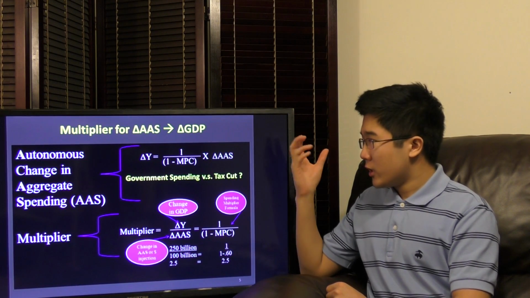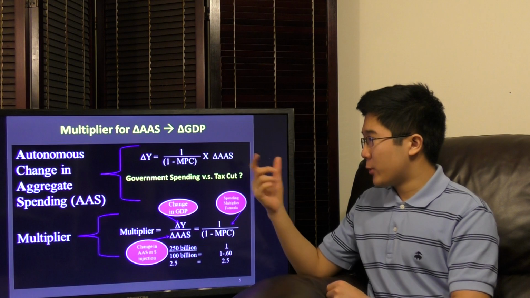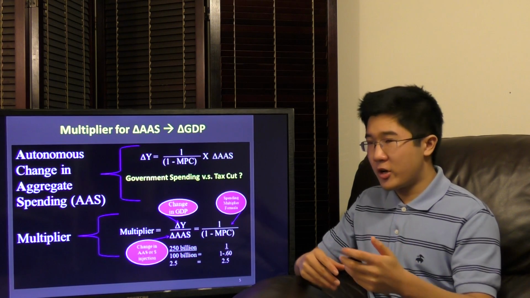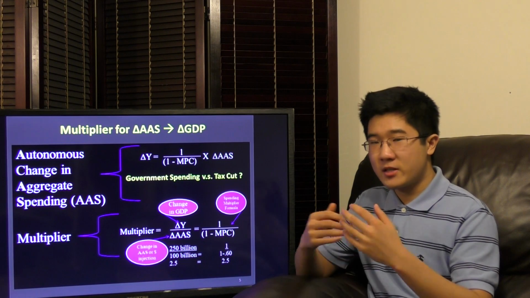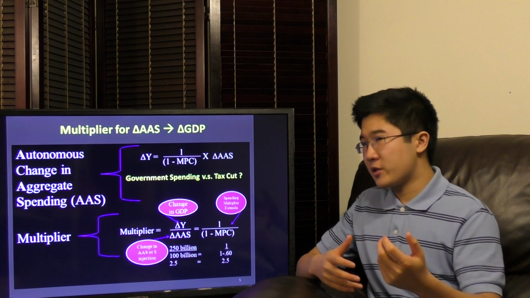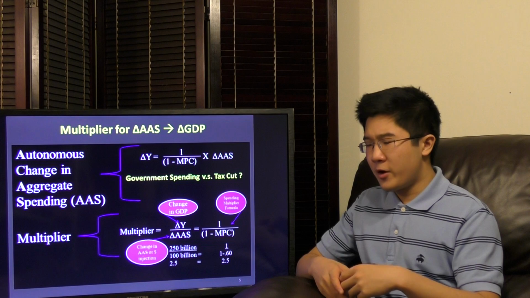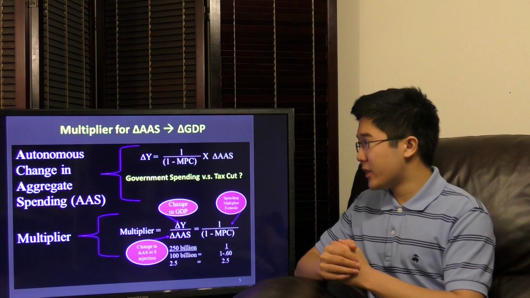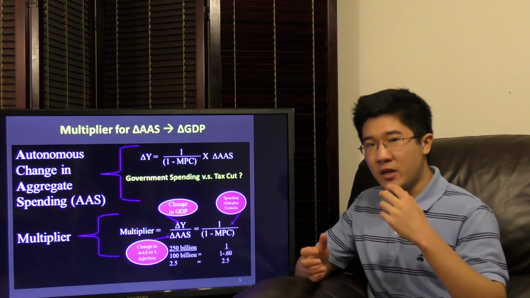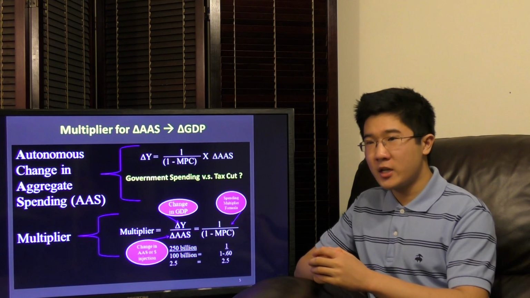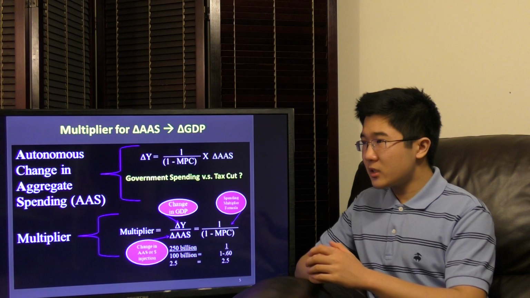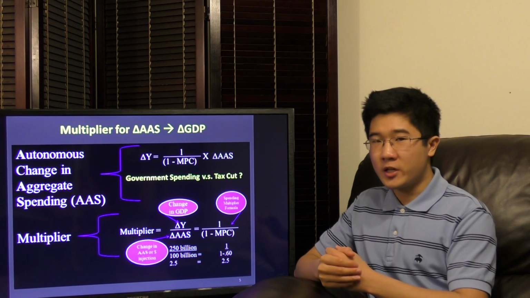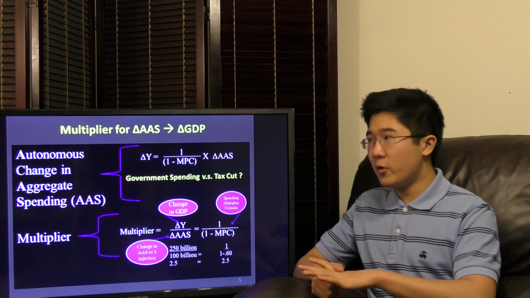Using our multiplier, we can see that in government spending, the government first spends, say, $1,000 into the economy, and the people who receive this $1,000 save part of it and keep spending, let's say, another $800, and so on with the multiplier. However, with a tax cut, the government does not directly insert $1,000 into the economy. The government first allows households to have $1,000 more in disposable income, and then the households save part of the $1,000.